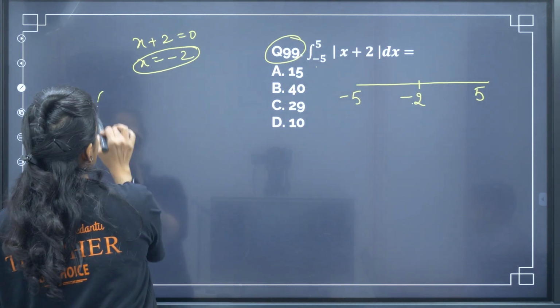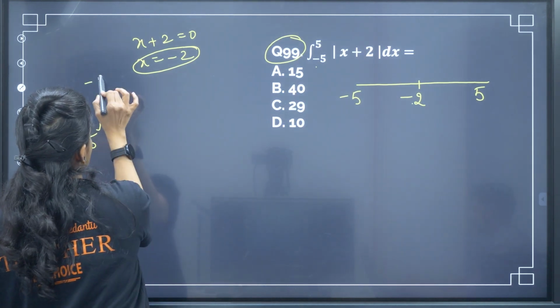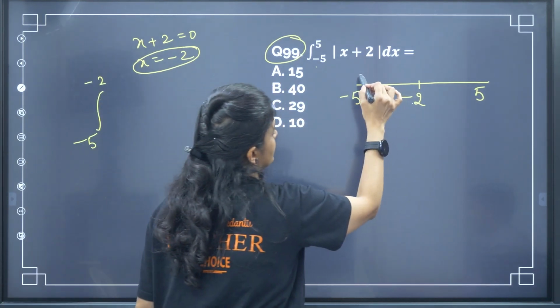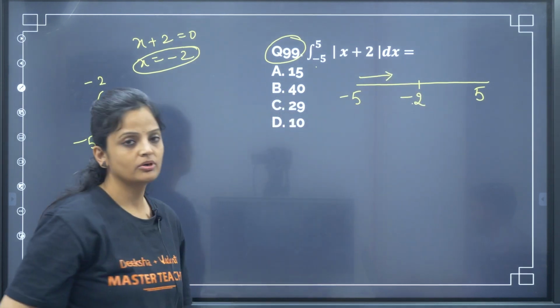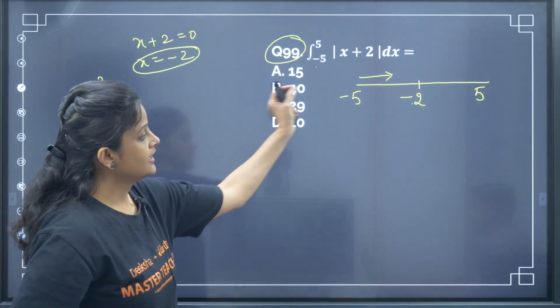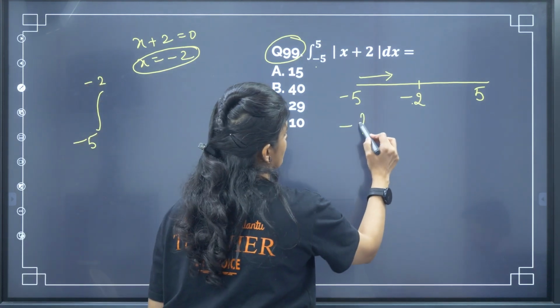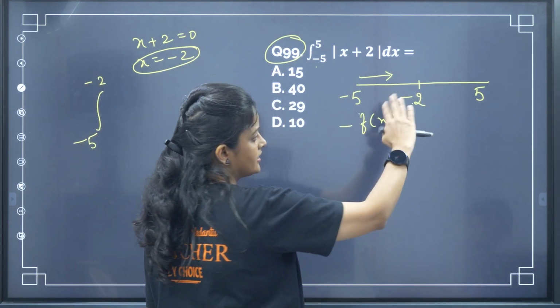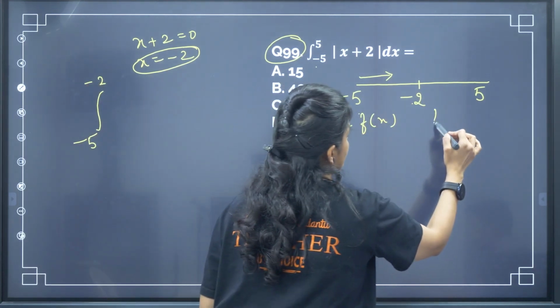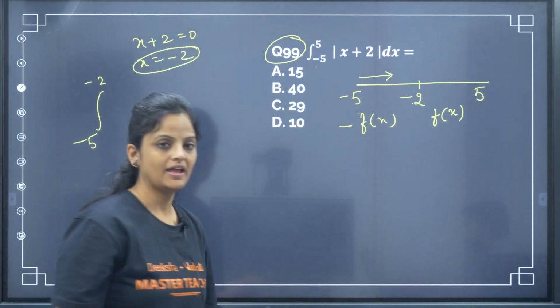So integral from minus 5 to minus 2, and in the previous video I have told you about the modulus. When I take the LHL, it has to be minus of the function, minus of f of x. When I take the RHL for modulus, it has to be the function as usual.